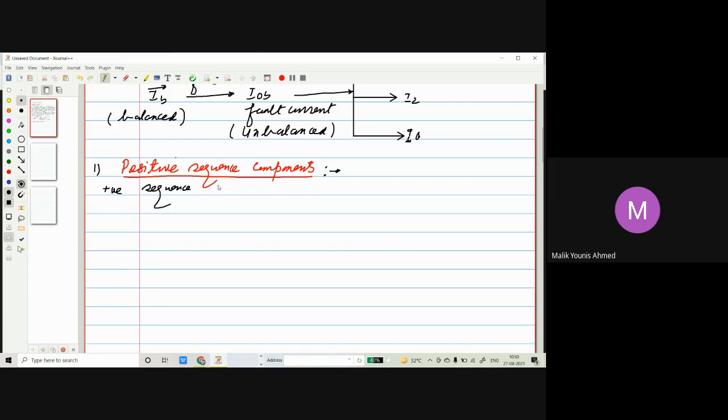Positive sequence components consist of three phasors equal in magnitude, displaced from each other.